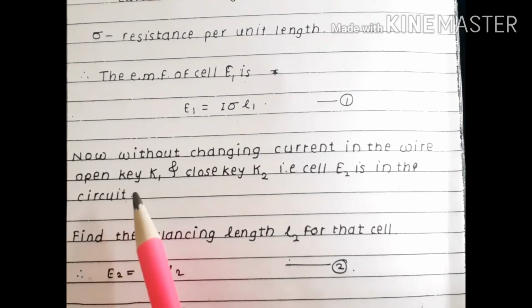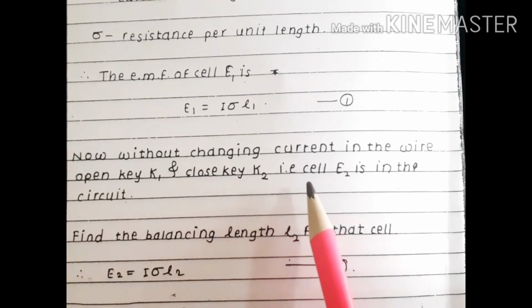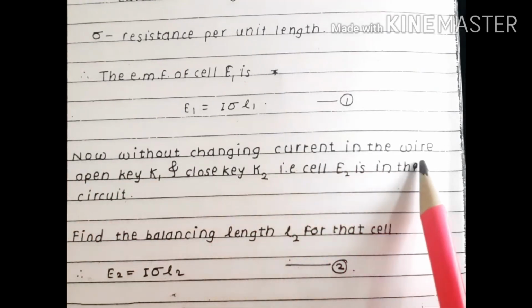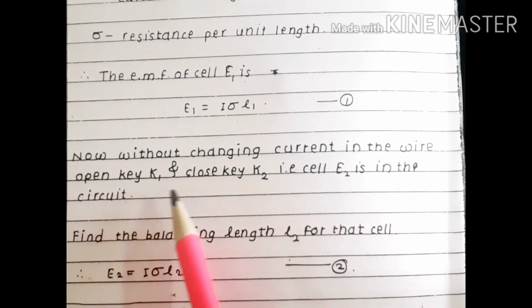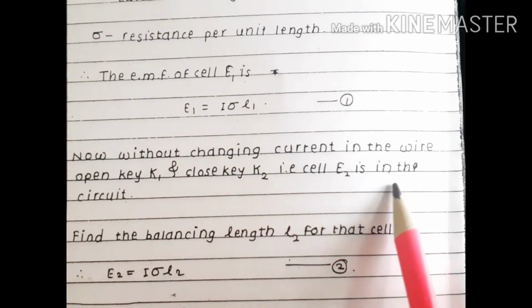Now open the key K1 and close the key K2. Therefore the cell E2 comes in the circuit. See here, now without changing the current in the wire, open the key K1 and close the key K2. That is, cell E2 is in this circuit. Find the balancing length L2 for that cell.